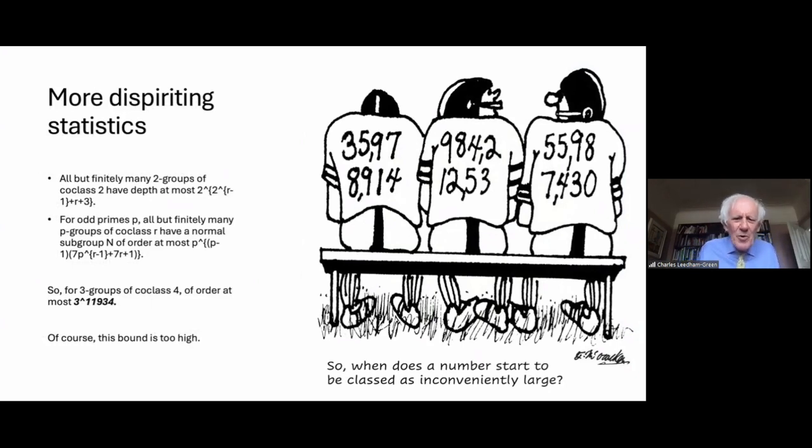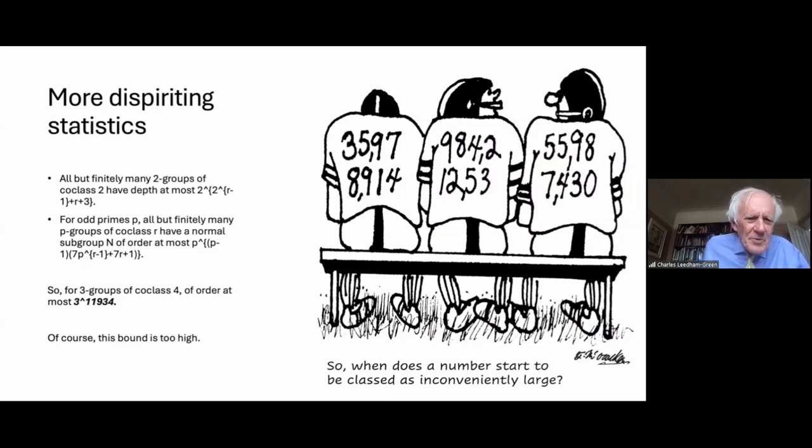So, more dispiriting statistics. First of all, all but finitely many 2-groups of co-class 2 have depth at most a bound. Remember, for p equals 2, the depth is bounded. It's independent of the size, but it only depends on the co-class, and there's your bound.